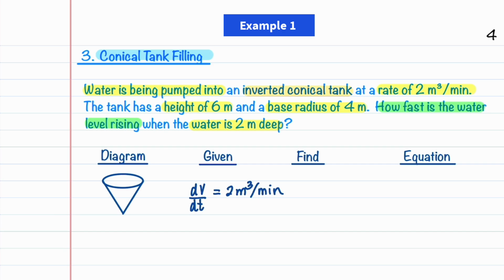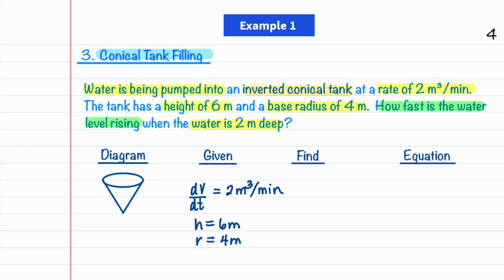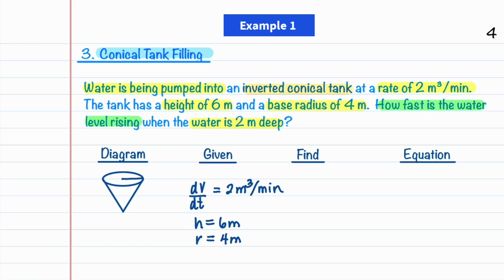We're told that the tank has a height of 6 meters, so we'll say H is 6 meters, and a base radius of 4 meters, so R is 4 meters.